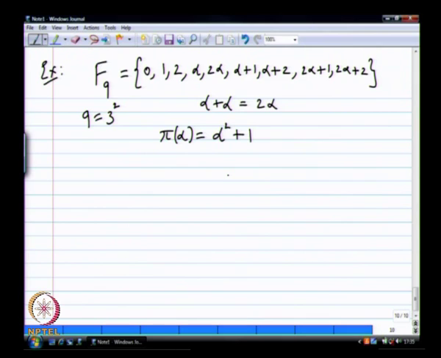In F2 it is clearly not irreducible, but in F3 it is irreducible, you can check that. If you put in 0 you get 1, you put in 1 you get 2, if you put in 2 you get 2. So it is irreducible in F3.